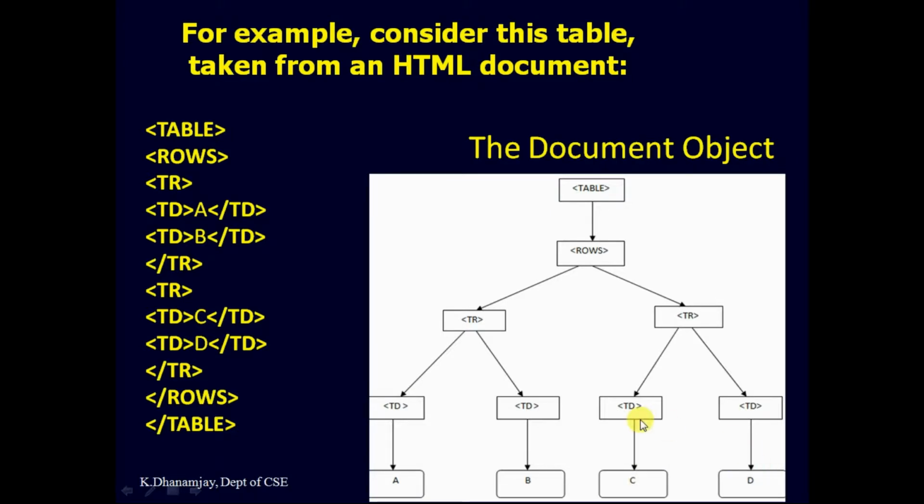Now this is called a DOM tree structure. If you consider the HTML part, we have the table started and ended, and then rows started and ended. We have two rows here, from here to here one row, and from here to here another row. Two rows are there, four tds are there. So this is called the XML DOM structure. You have to remember this structure.